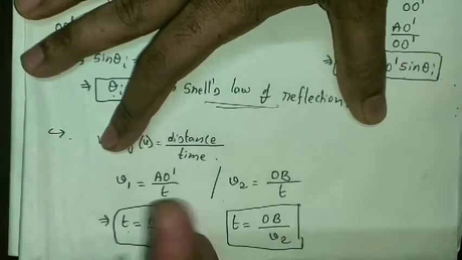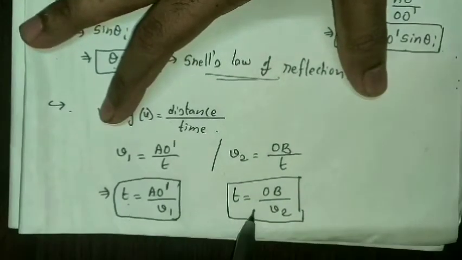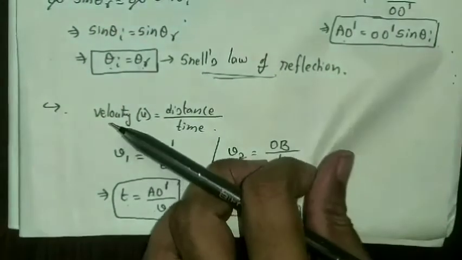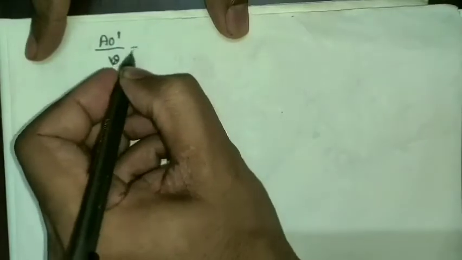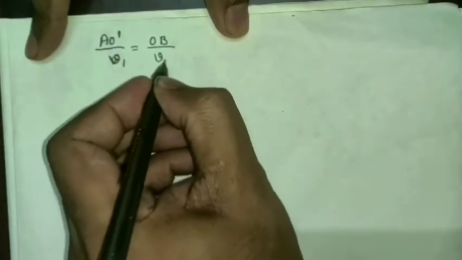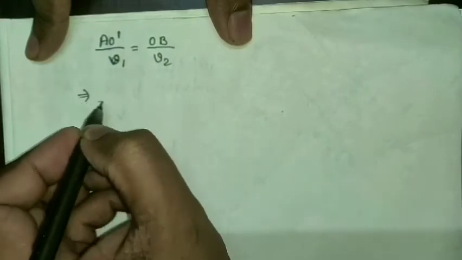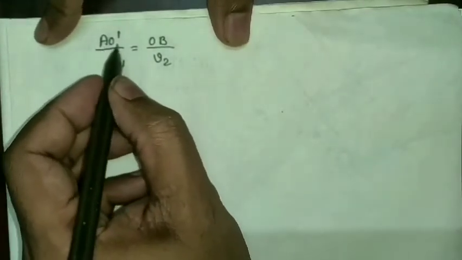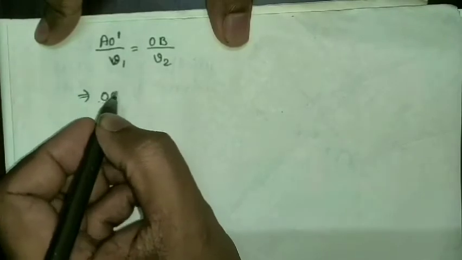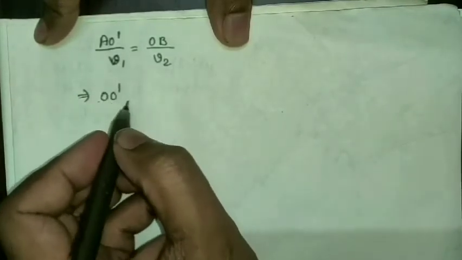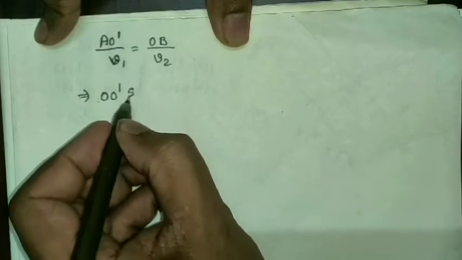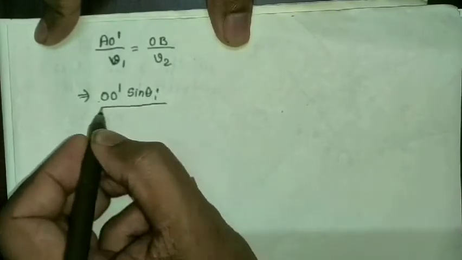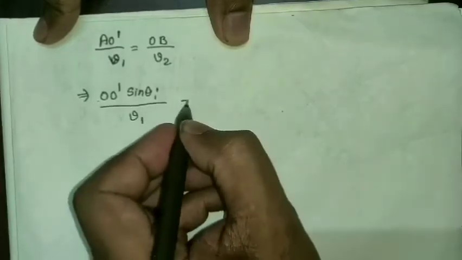Since the times are equal, we equate these two: AO' by V1 equals OB divided by V2. We already have the value of AO', which is OO' sin theta i, divided by V1, and that should be equal to OB.